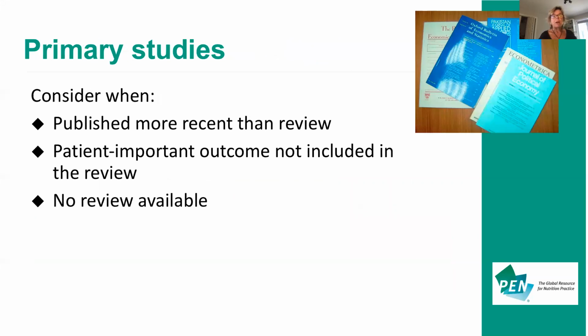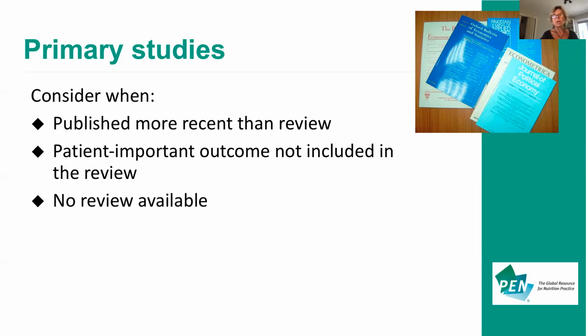Let's not forget primary studies, because primary studies may need to be considered when there's an older systematic review, and so we have more recent evidence that wasn't included in the review. It may be that some important outcomes are included in a primary study that weren't included in the systematic review.